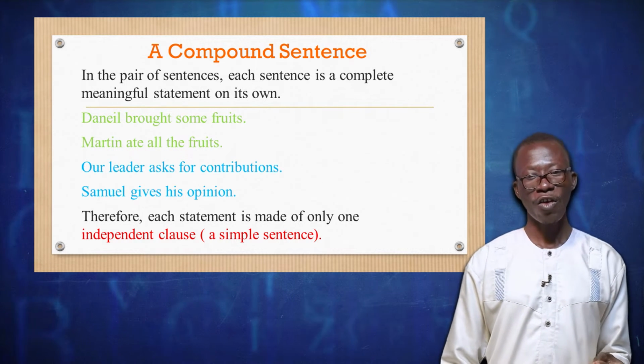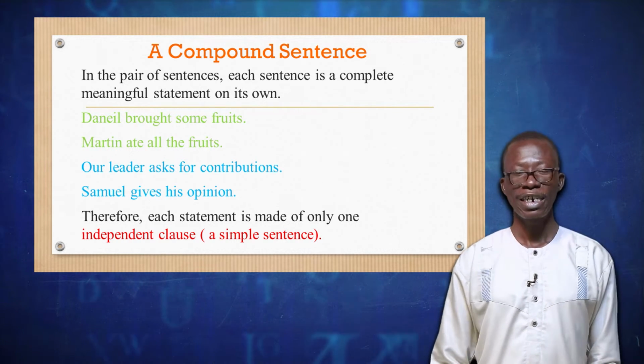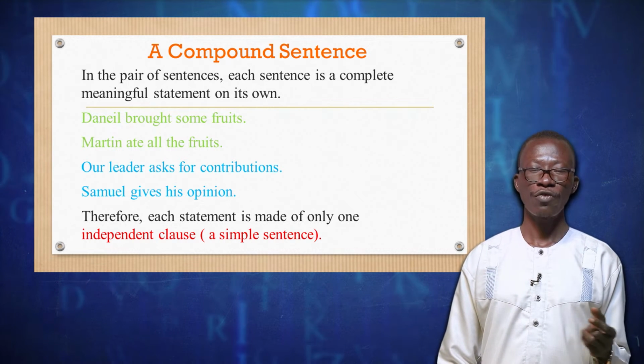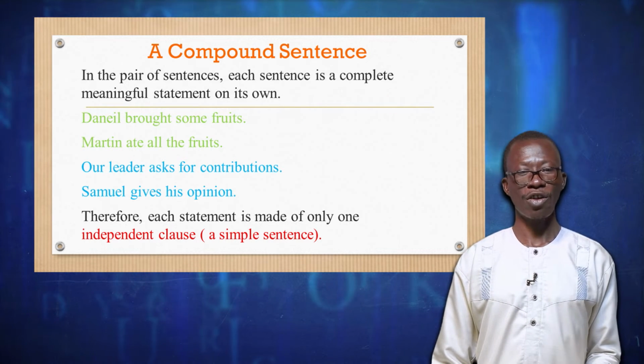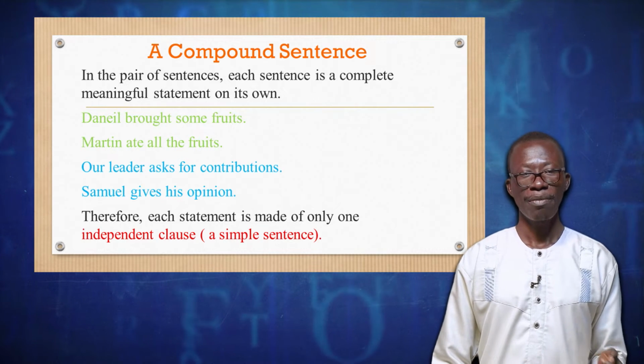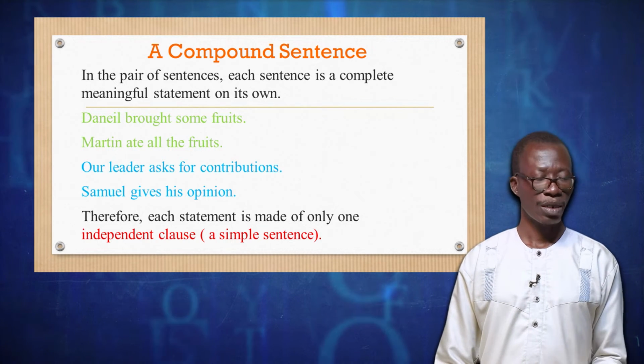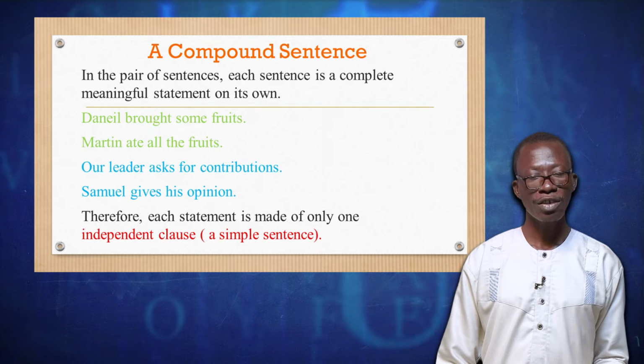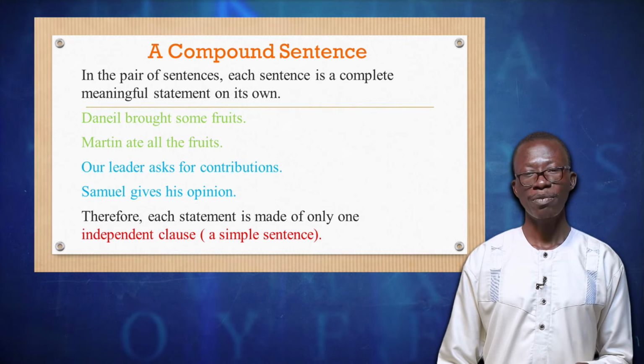It is therefore called a simple sentence. So Daniel brought some fruit. It's an independent clause and is therefore a simple sentence. Martin ate all the fruit. It's an independent clause and is therefore a simple sentence.